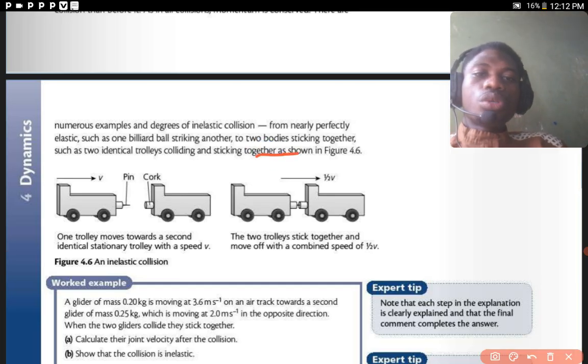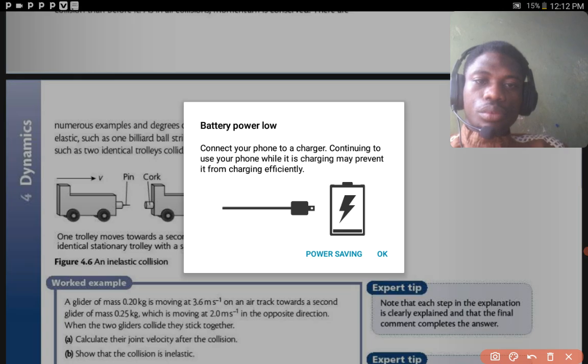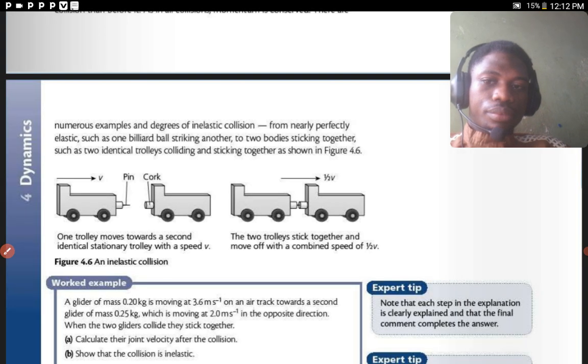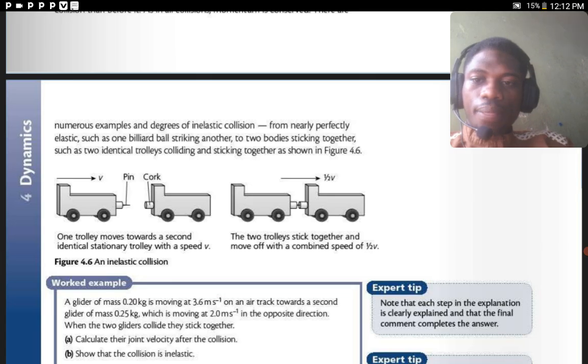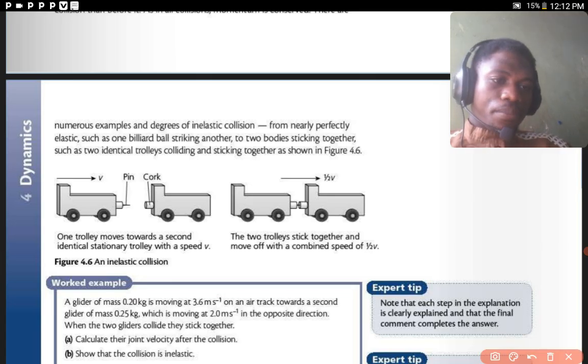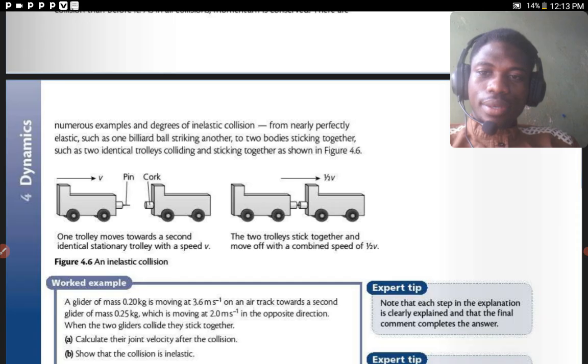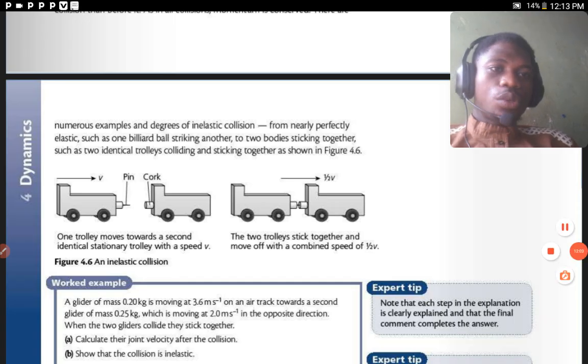I'm trying to run some technical issues. Just give me a while so that I'll come back. My power is low. The battery is down, as you can see there. It is almost exhausted.